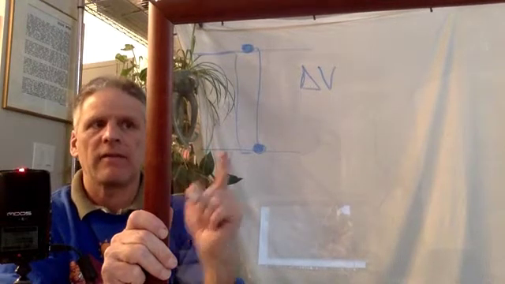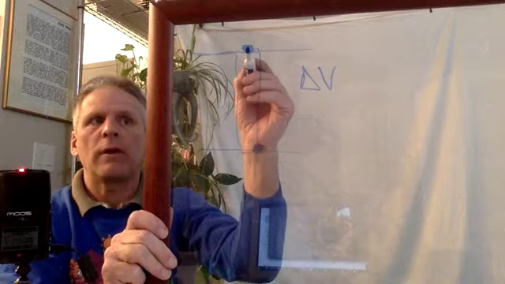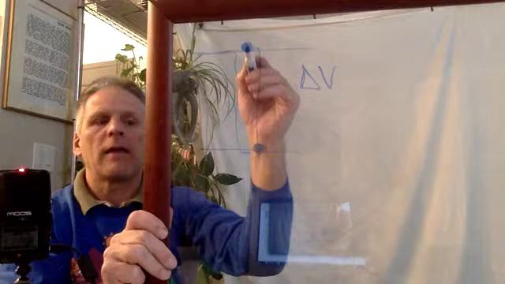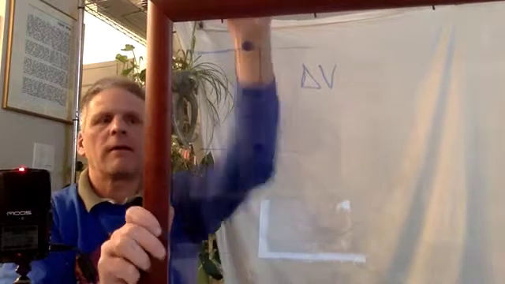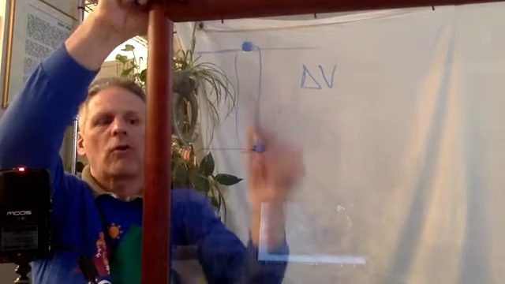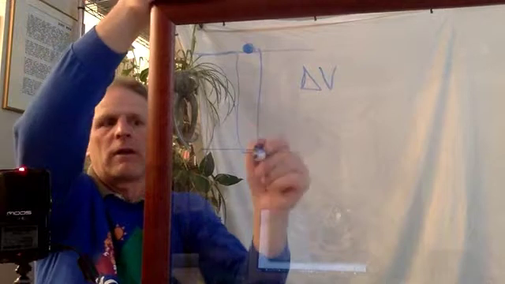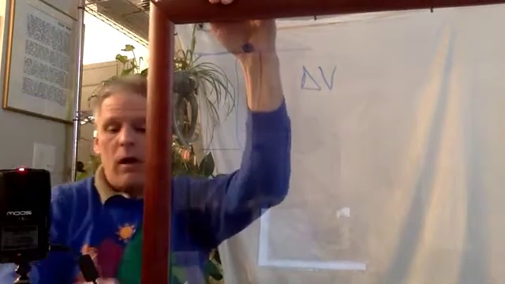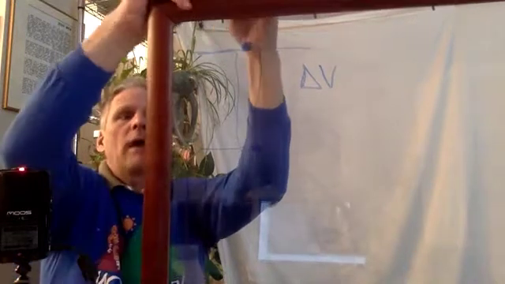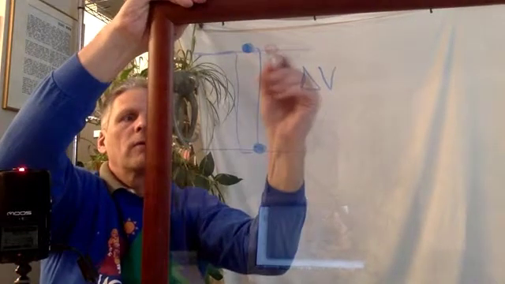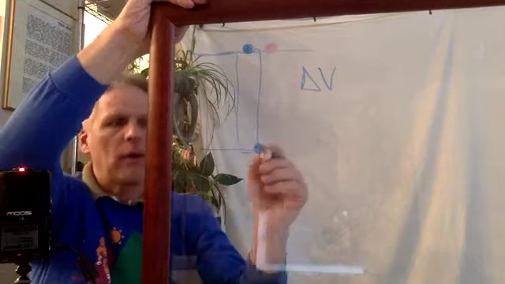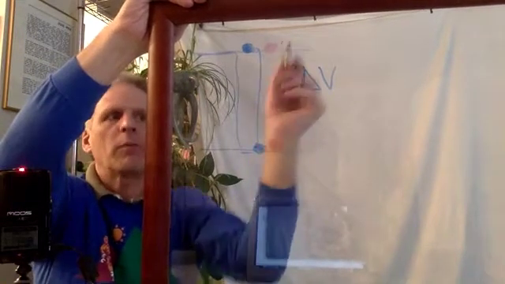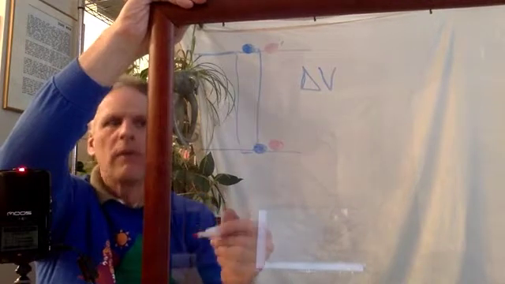The key is that if you put a blue rock here, would it have a higher or lower potential energy here than here? Higher. What if you put a red rock up here? Does it have a higher potential energy or a lower potential energy from here to here? Well, it's a higher potential energy here than it is there.